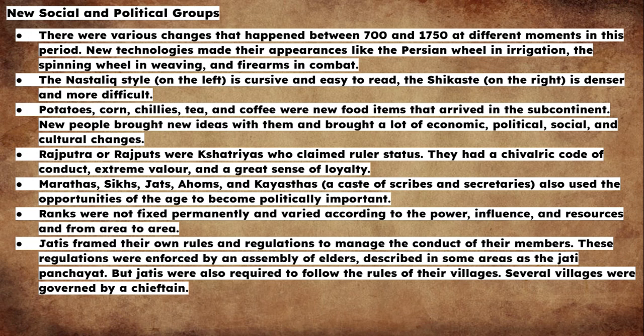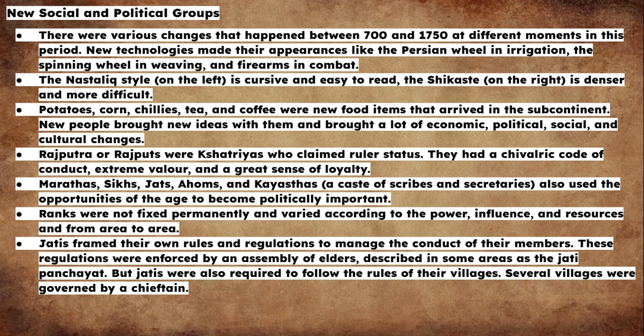New people brought new ideas with them and brought a lot of economic, political, social and cultural changes. Rajputs were Kshatriyas who claimed ruler status. They had a variety of codes of conduct, extreme valor, and a great sense of loyalty.